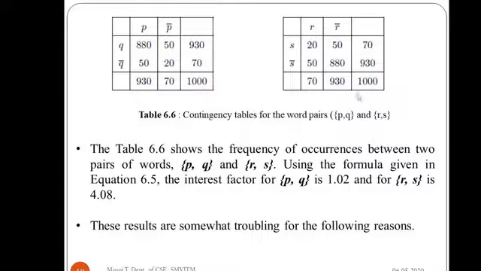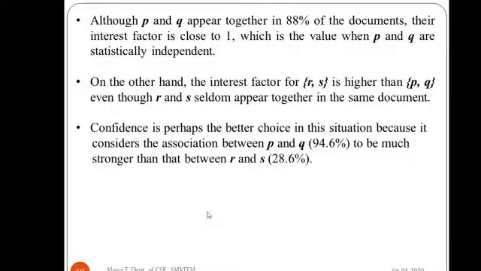In the same way, if you compute it for R implies S, the interest factor will be 4.08. These results are somewhat troubling for the following reason. Although P and Q, data and mining, appear together in 88% of the documents, their interest factor is close to 1, which is the value when P and Q are statistically independent.